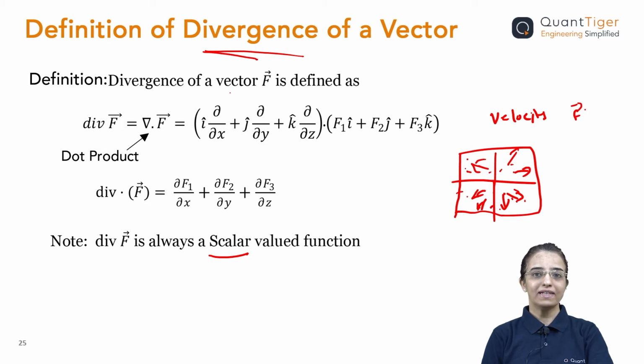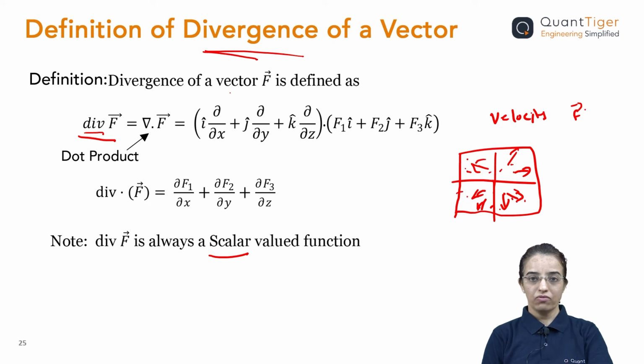Now how we find the divergence: first of all it gets represented either like div f, the divergence of a given vector which is f vector, or we can represent it with the del operator and dot product with the given vector f.